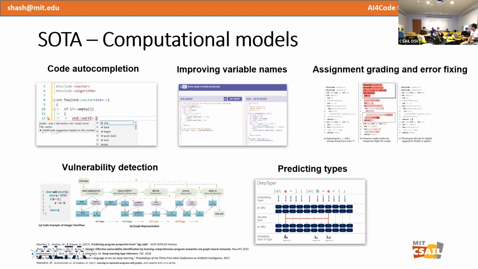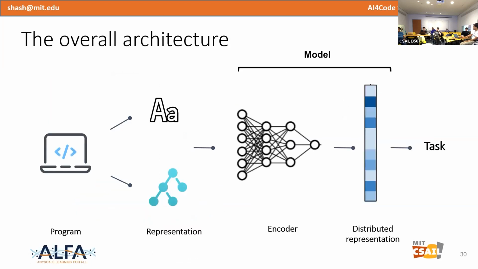Unlike the GPT style, these were very application-specific models. So you would typically see one paper release one model for vulnerability, another paper one model for variable names, and so on. Typically the way these models are trained is you have a program and you choose a representation. You describe them as tokens or ASTs or graphs or whatever.